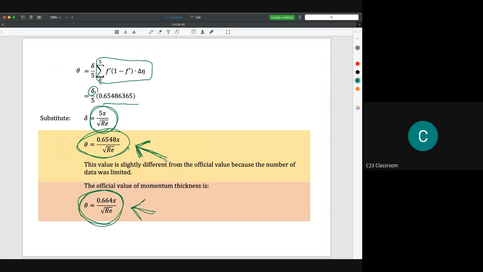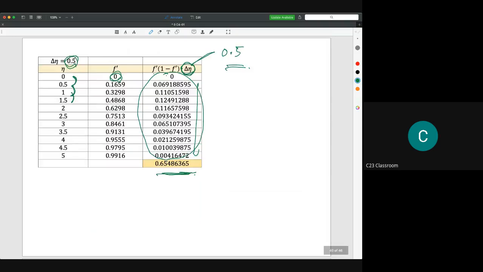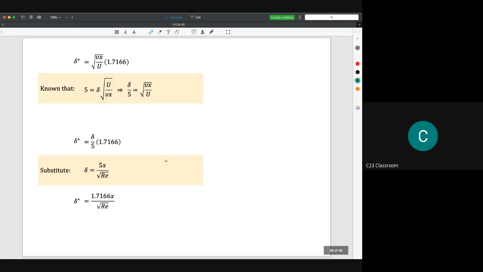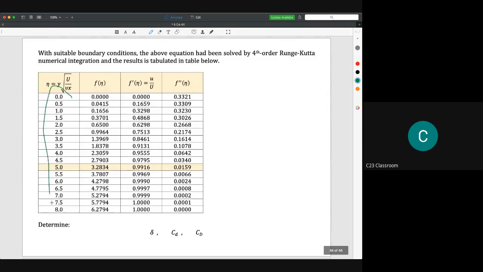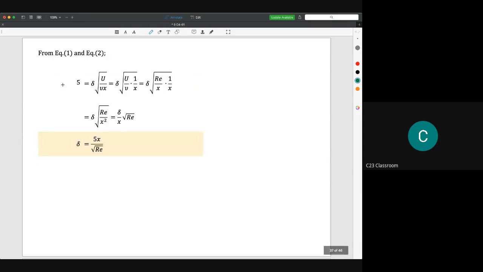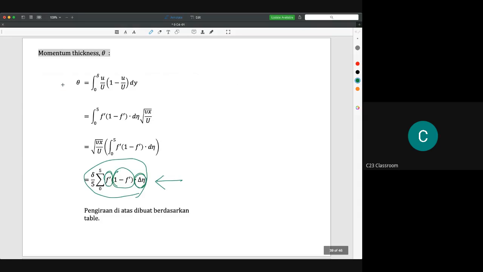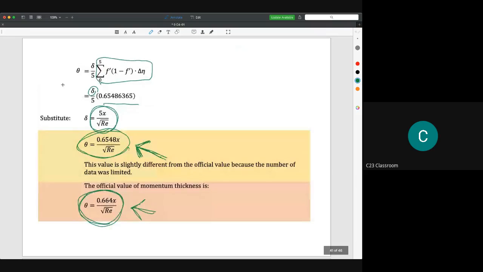It is because the data that we have in this table is not precise. We just take a very big gap, actually 0.5. That's why it gives us a value of delta a little bit different compared to the official value of theta from the Blasius exact solution.